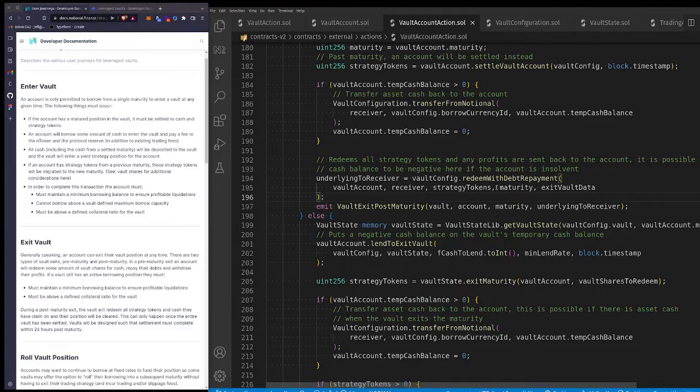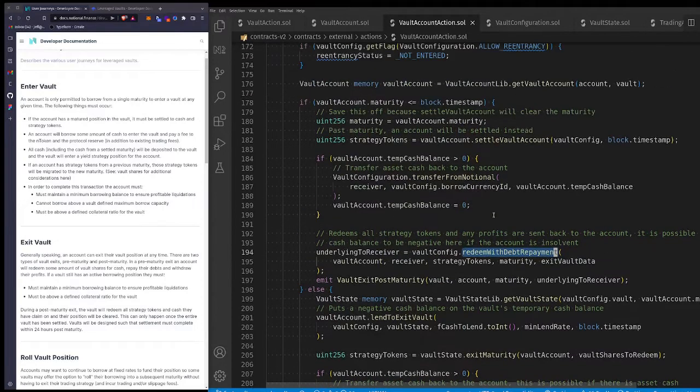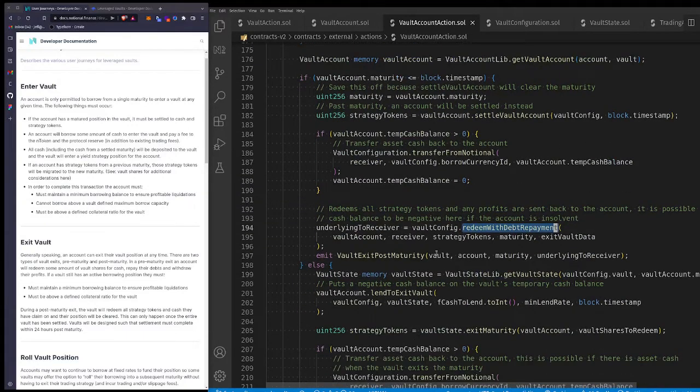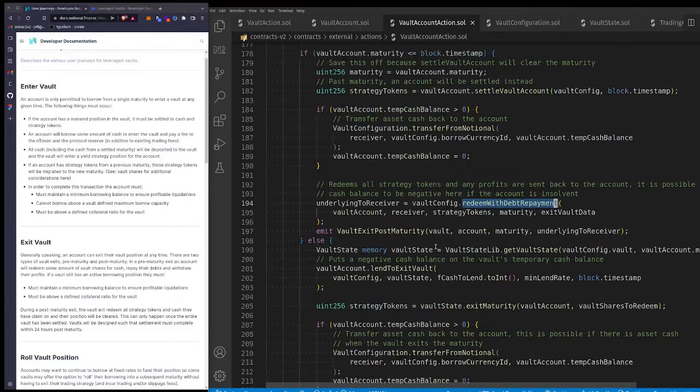But if it is the case, then this redeem with debt repayment will try to recoup the insolvency from the vault's wallet directly. It's unlikely that any accounts that are actually insolvent will call this method, and there's no way for us to force them to. But this is there to handle that case.